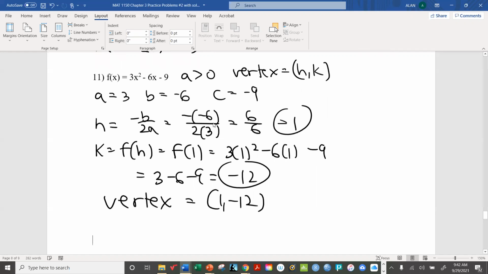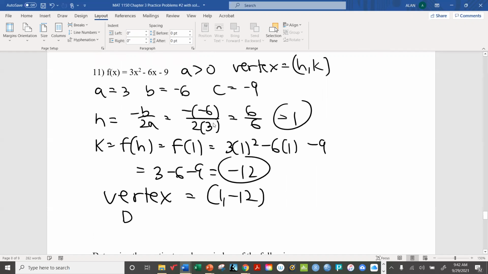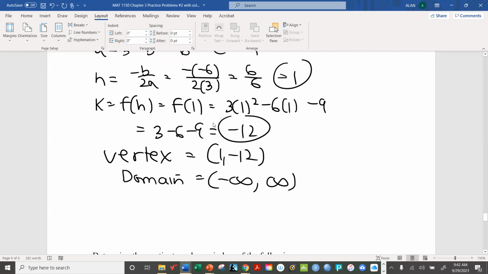So that means, oh, and I almost forgot, of course, the domain is everything from negative infinity to positive infinity. And that tells me that the range is everything from -12 up to infinity.